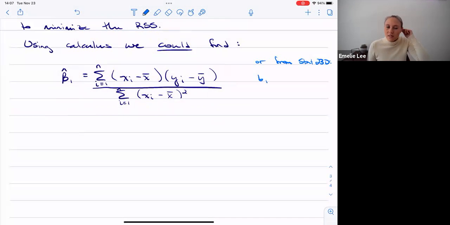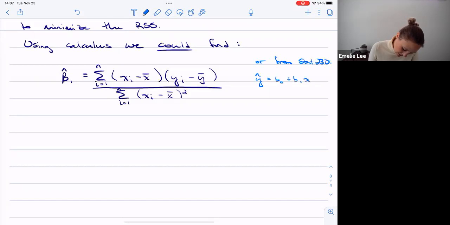Usually we use b's in Stat 230. It's a little bit easier to swallow. If we have y hat is b naught plus b1 x, then b1 is r times sx over sy, and b naught is y bar minus b1 x bar.